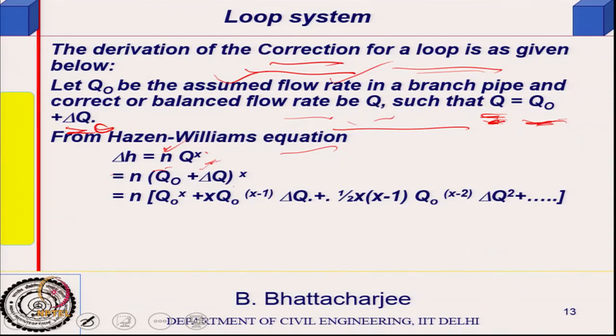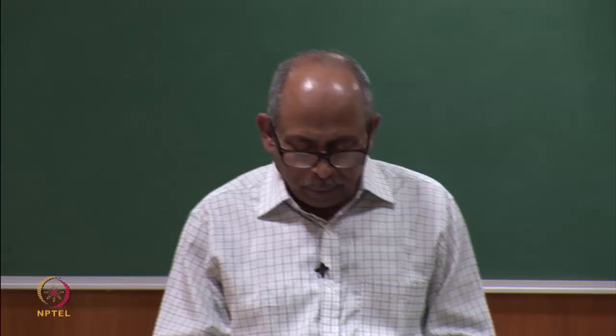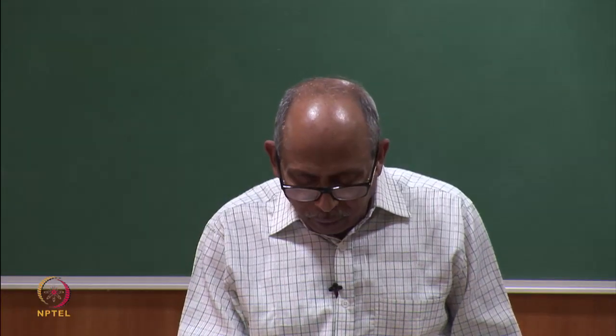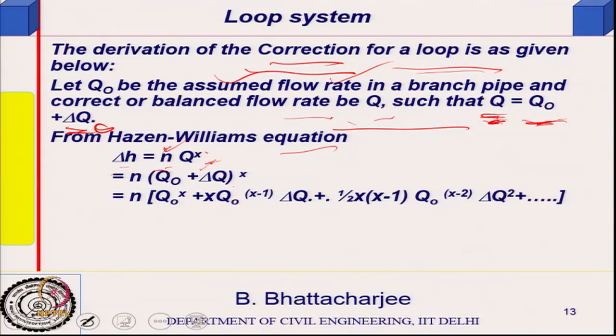So, n times q 0 plus delta q to the power x, where delta h means the head loss in that branch, the correct value of head loss in the branch, should be equal to q, the correct flow after correction, to the power x, which is q 0 plus delta q to the power x.